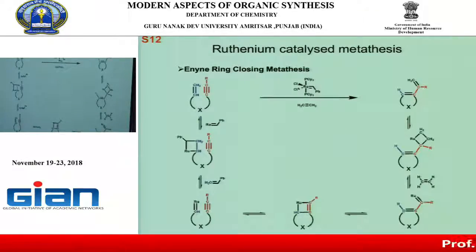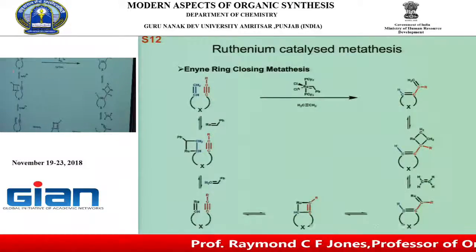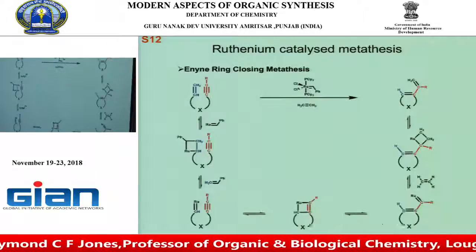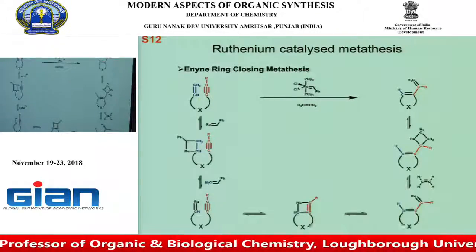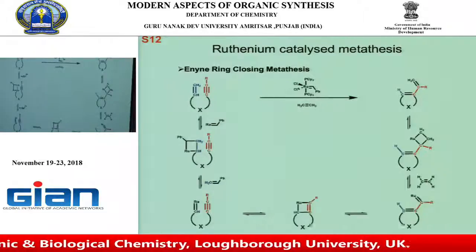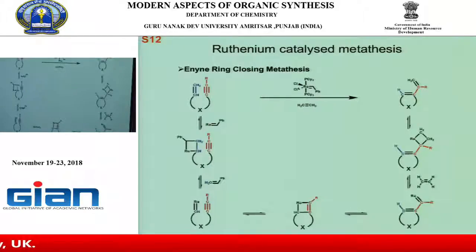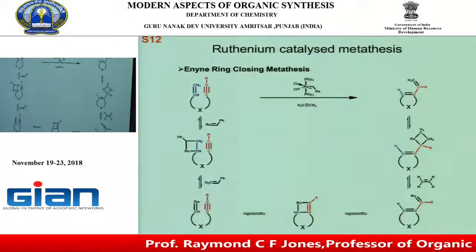So let's see if we can work through how that might happen. We're trying to go from here to ring close with a double bond, and the bit that's left over, because we're not breaking all the bonds of the alkyne, is the red part, and then the ethene is finishing it off. So we're starting the same way.